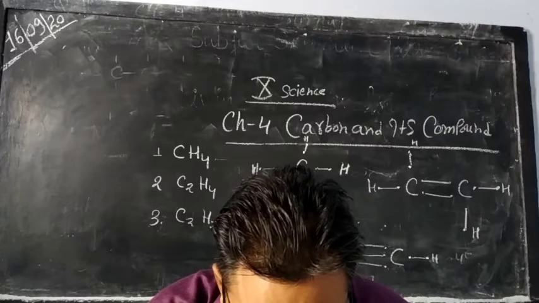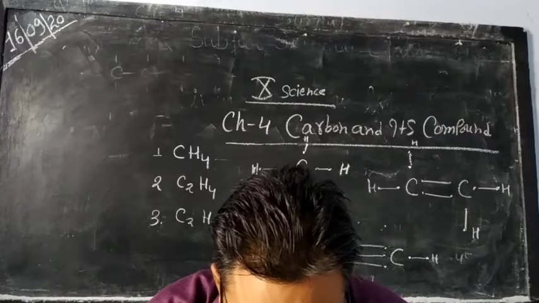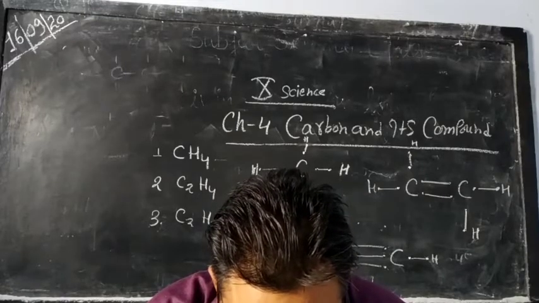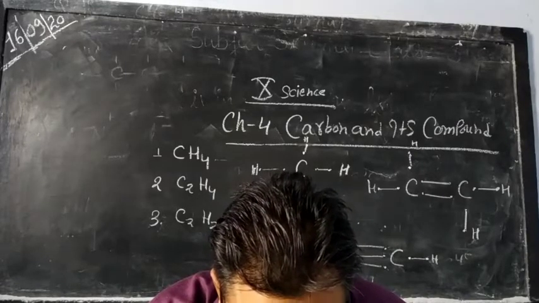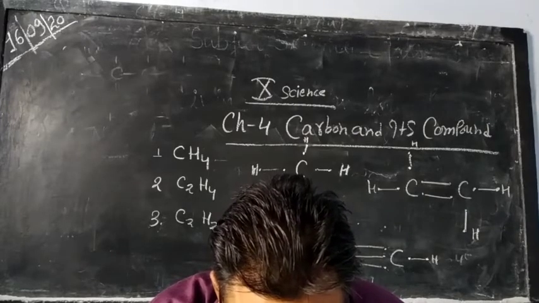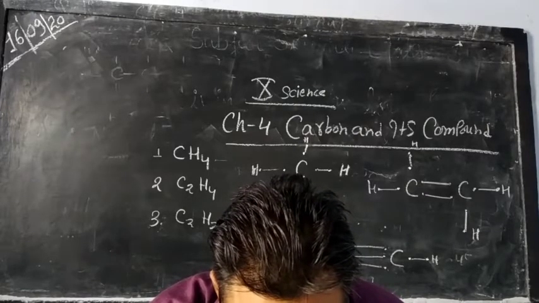So diamond and graphite show different properties and have different structures, but they have different physical properties while being similar in chemical property.